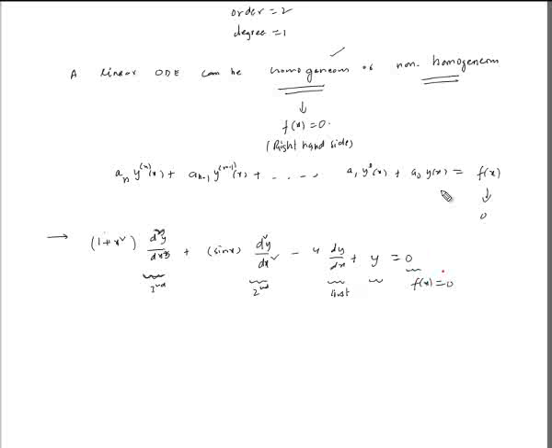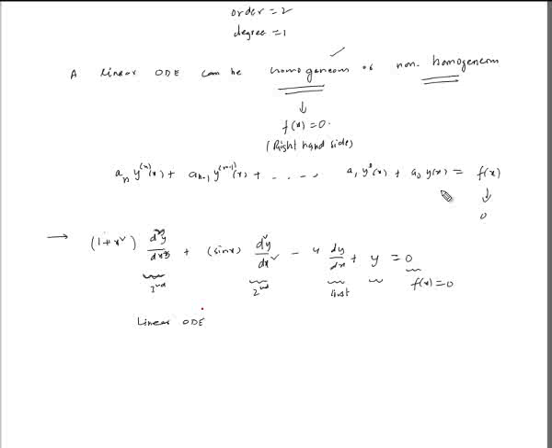Here you can see the derivatives are not multiplied together and they are not multiplied with y also, and all have degree 1. So this is a perfect example of a linear ODE, because each of the derivatives of the unknown function and the unknown function itself has degree 1 and they are not multiplied together.